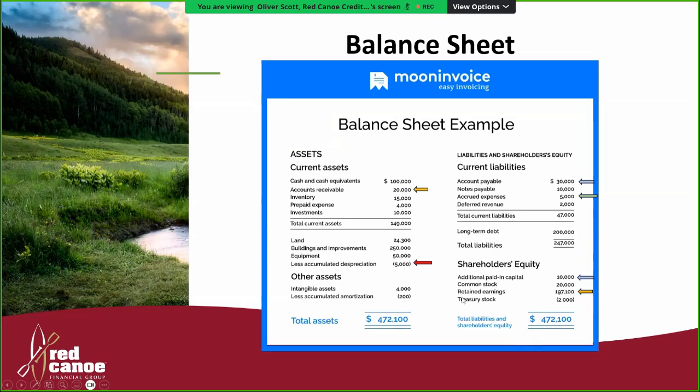All right. Retained earnings, again, that's your profit or loss. And you have the total liabilities and shareholders' equity, which equals the total assets. Are there any questions about that?